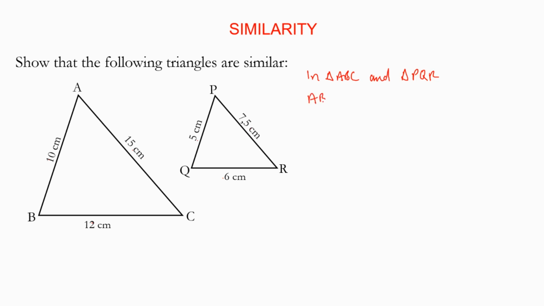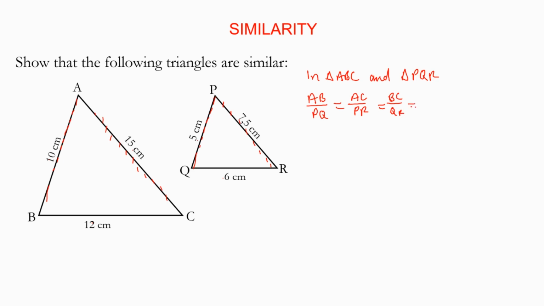So you can see that AB over PQ, okay, this side and this side is equal to AC over PR, which is this side and this side, which is equal to BC over QR.